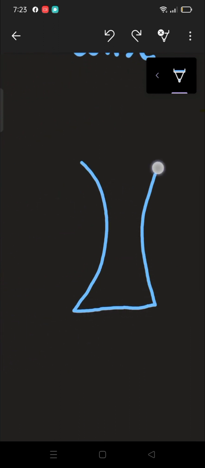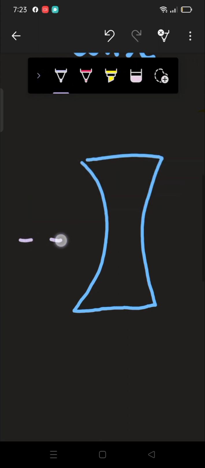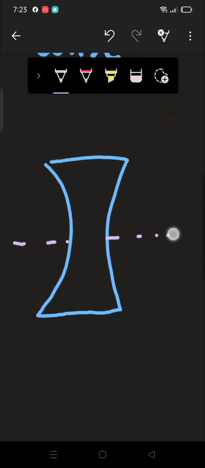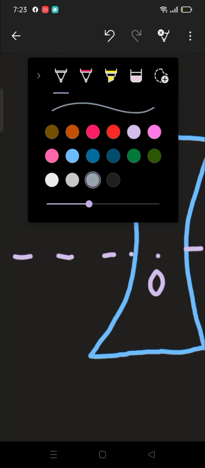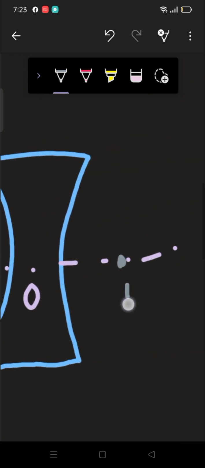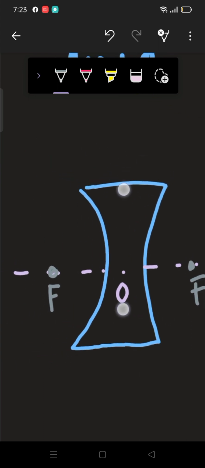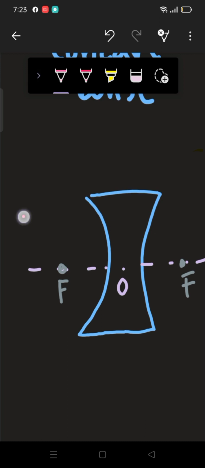Alright, so here I am going to make the biconcave lens, and here we have the principal axis. This is the optical center, and here we have the focal point, and here we have another focal point. Here the lines would be coming like this. According to the rule, the ray coming from the focal point goes parallel to the principal axis.